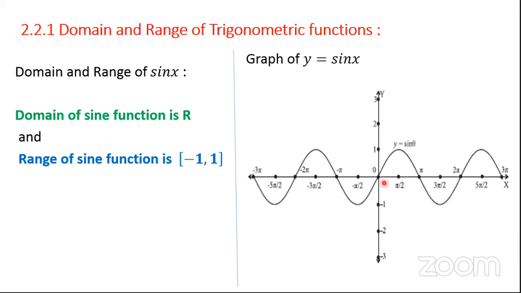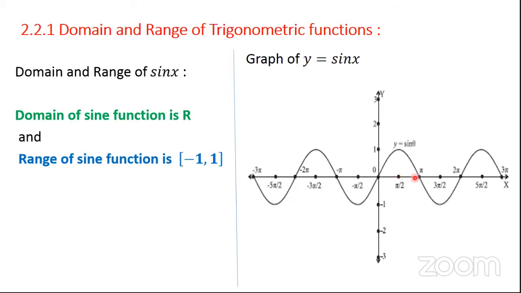Now see one more point for this sin x. If we see carefully, from 0 to 2 pi, you will get one pattern of graph. The same pattern of graph we will get if we go on the negative side also, 0 to -2 pi.